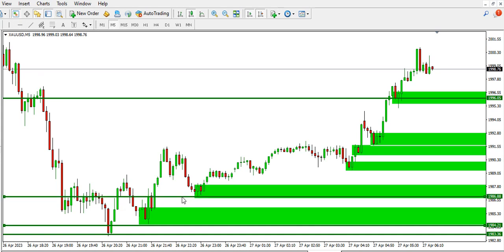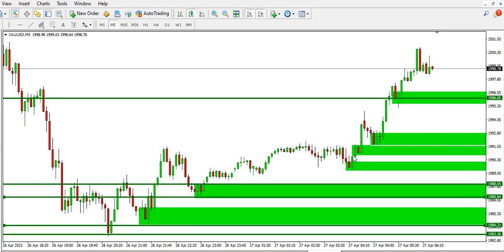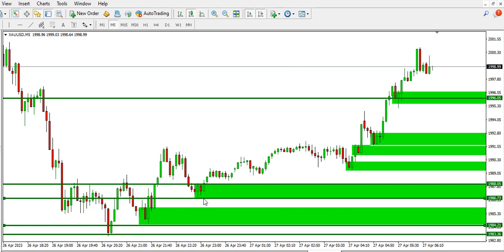So your trade entry could be somewhere here. If you expect price to come this low, then your stop loss will be below the candle.